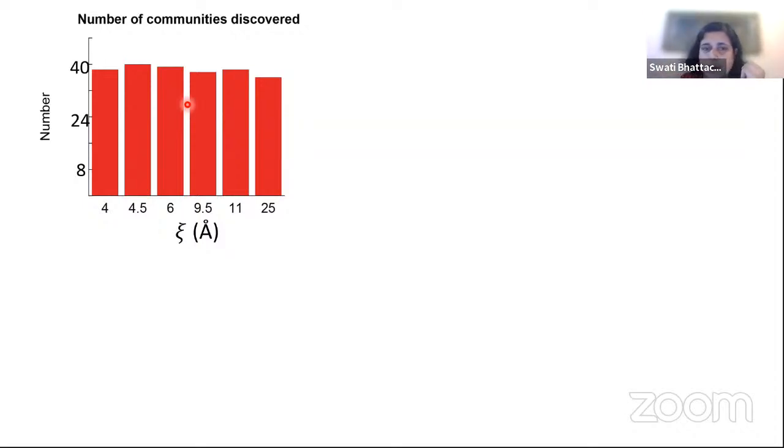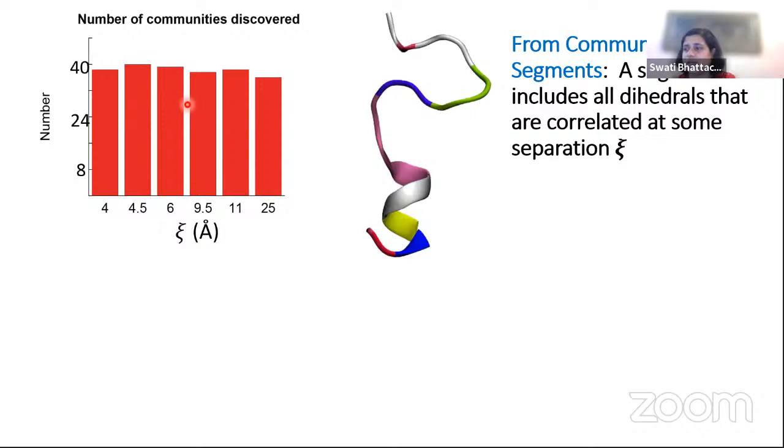So the way that we're approaching this is by having a consistent definition of community across all separations. This is what we're calling a segment. A segment would include all dihedrals that are correlated at some point, at some stretching. So now the molecule is built up of independent segments, and the advantage is that I can give you the probability of a segment conformation in the free molecule scenario, but that was not possible when I was dealing only with communities.